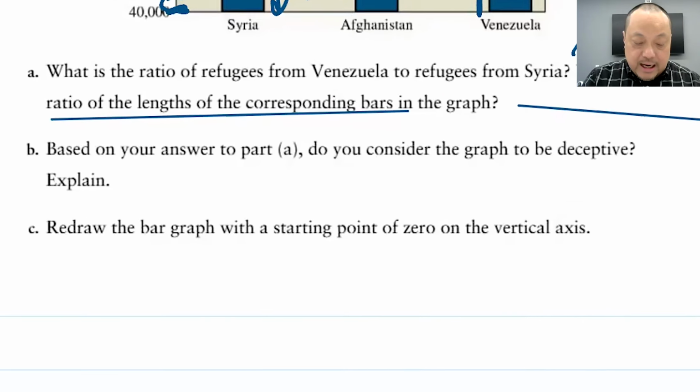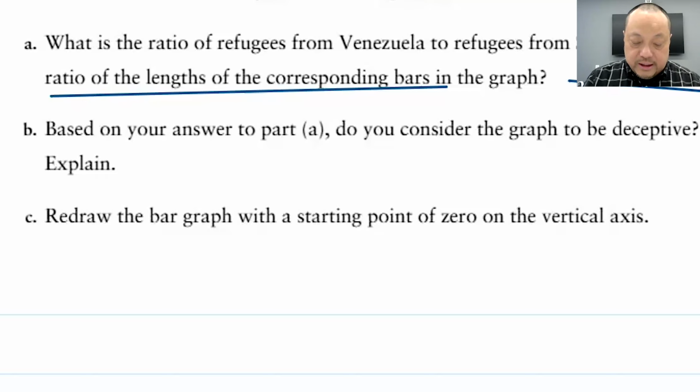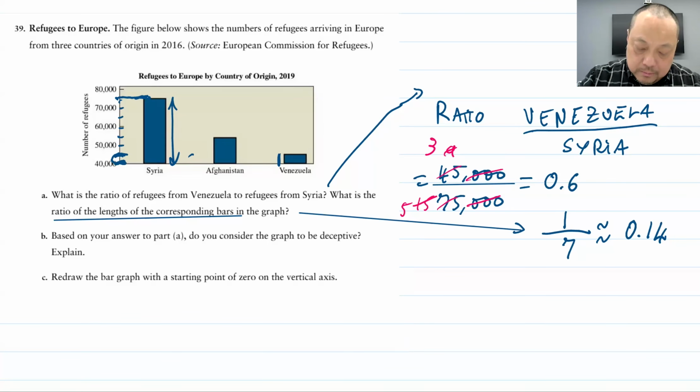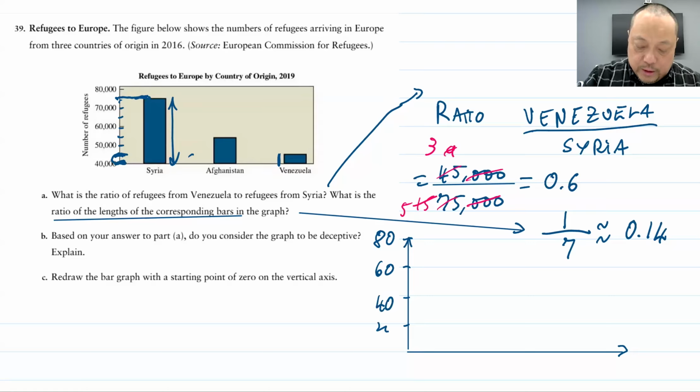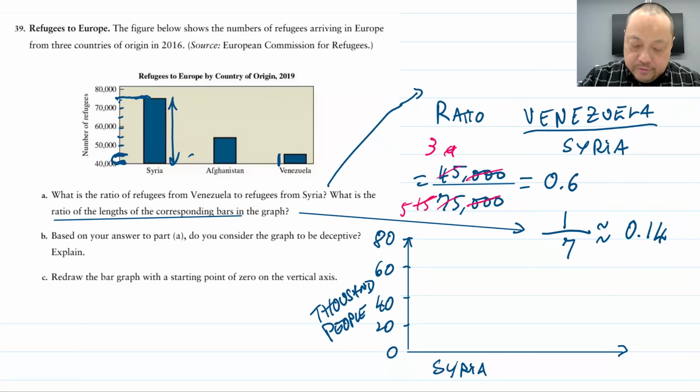That's part B. And then part C asks to redraw the bar graph with a starting point of 0 on the vertical axis. So here we go. I need to go all the way to 75,000. So I'm going to put 80,000 here, 60, 40, 20, and 0. Then for Syria, I have 75, so it goes all the way up here.